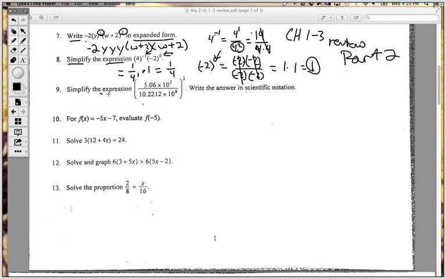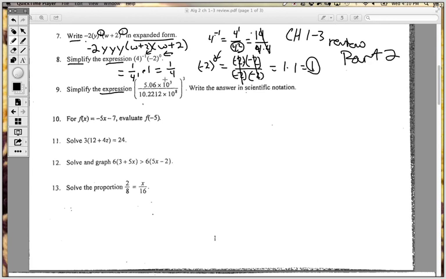All right, simplify the expression, and we got exponents. Write the answer in scientific notation. Okay, we got some stuff going on here, and it's kind of hard to see at first, but let's just work our way through it.